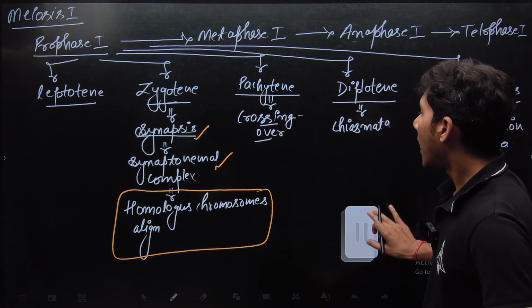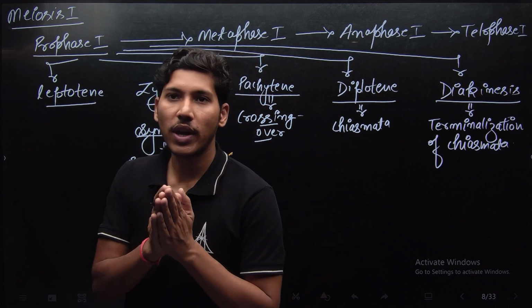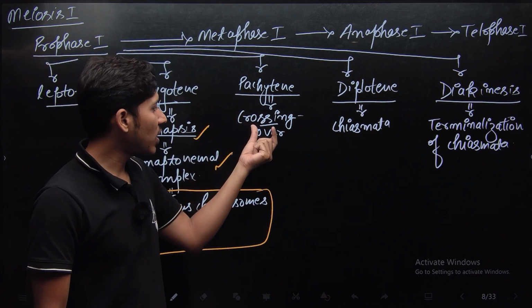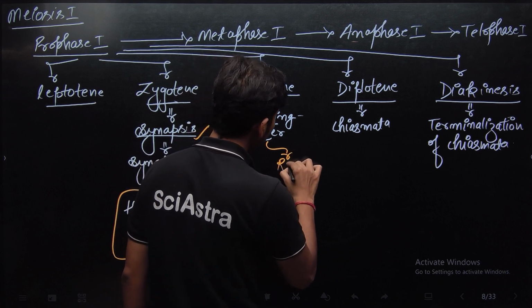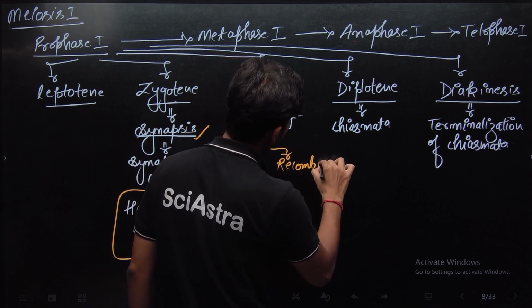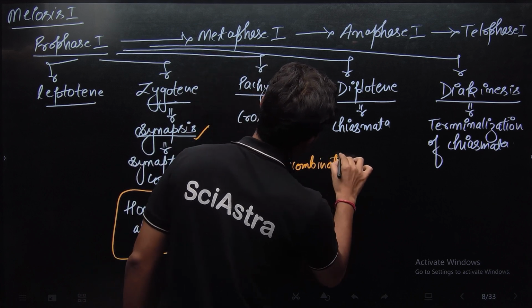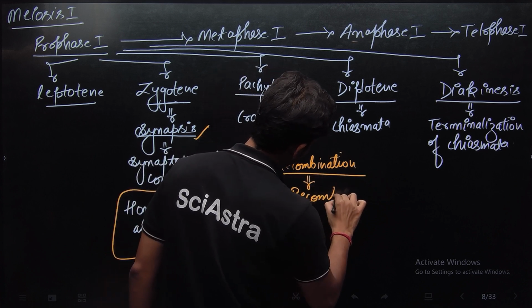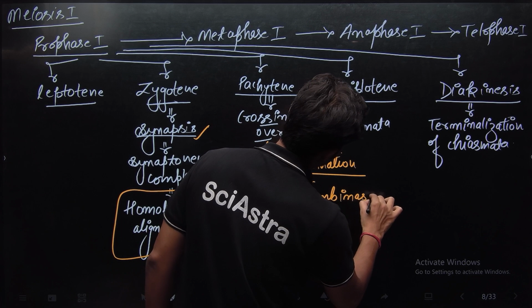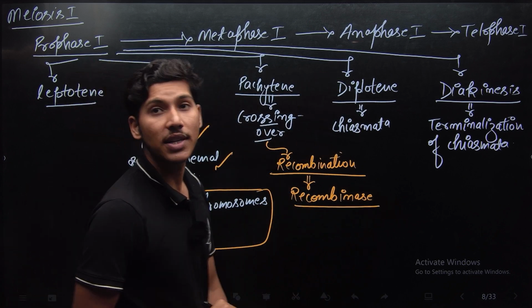Now, after the homologous chromosomes come together, there occurs a process known as crossing over, which leads to recombination. It is done with the help of an enzyme known as recombinase.